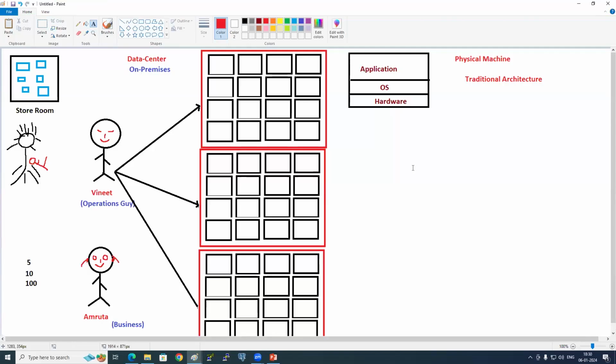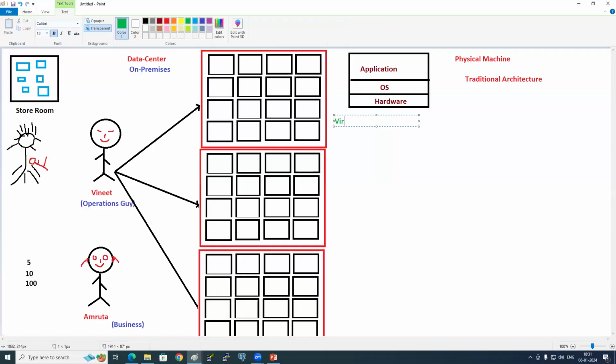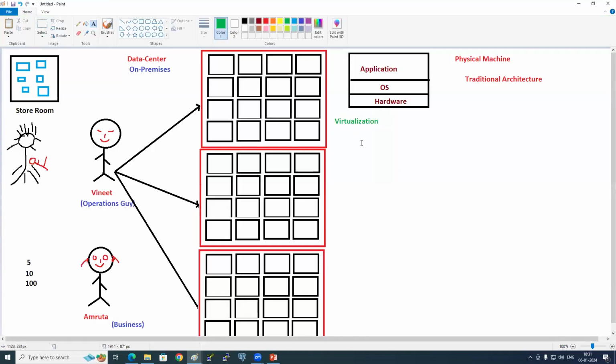Whenever he's surfing on the internet, he got to see a new technology. What is that? The technology is virtualization. So he saw a topic called virtualization.